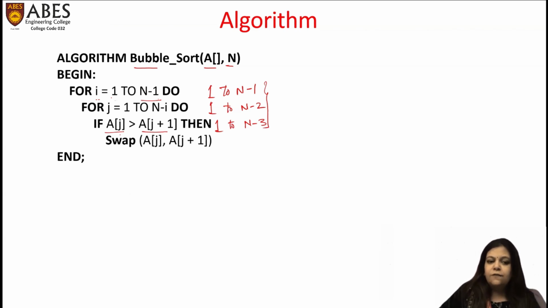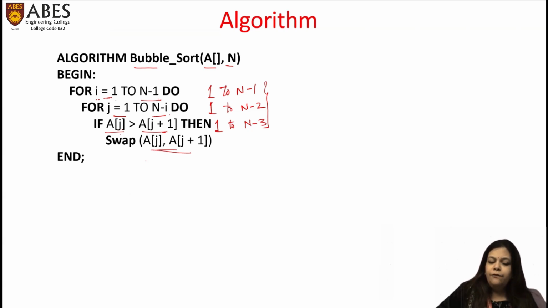To implement this, we can give the inner loop as j equals 1 to n minus i. As the value of i keeps increasing in the outer loop, in the inner loop the value of n minus i keeps decreasing. Inside these two loops, every time we compare a[j] with a[j+1]. If the value of a[j] is greater than a[j+1], we swap these two values.